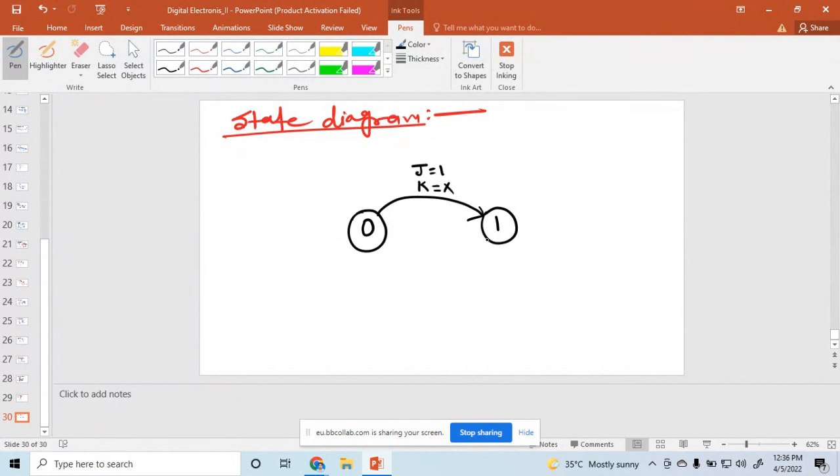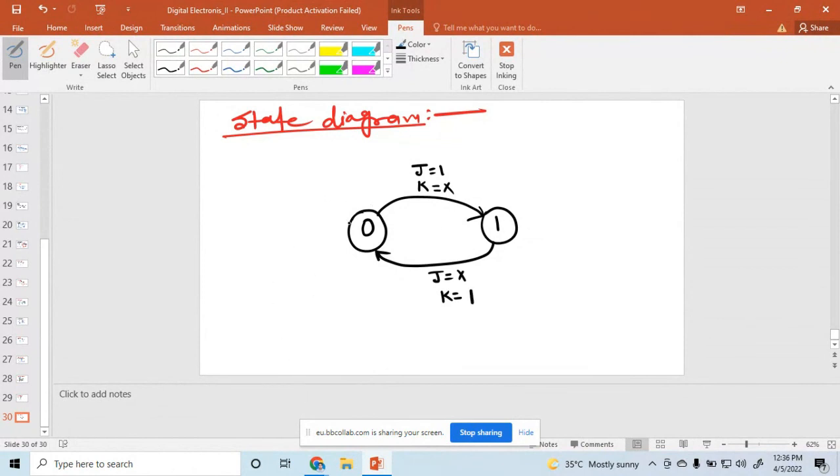And when you go from 1 to 0, that means the input state is 1 and the output state is 0, in that condition J is equal to don't care, but K is equal to 1.